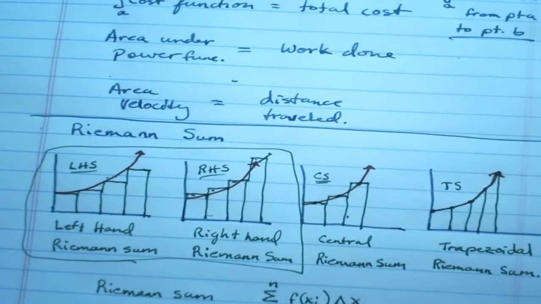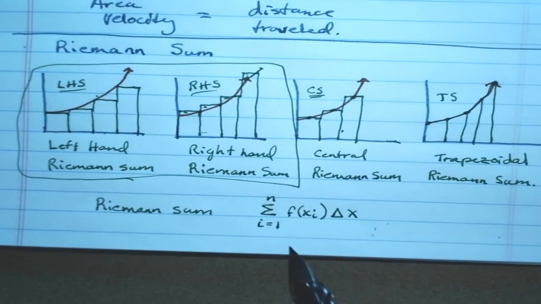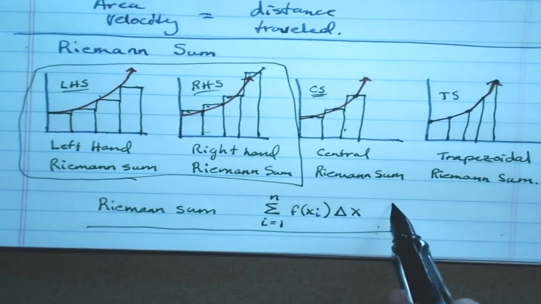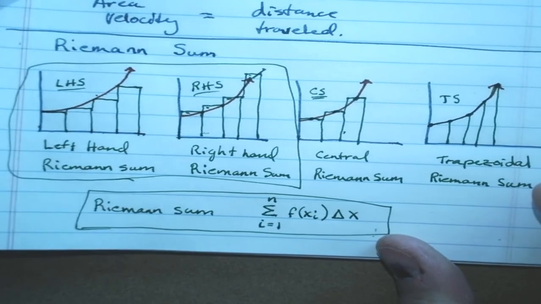Okay? And I'm going to flip to the next page and explain this notation to you. But that is the mathematical notation for a Riemann sum. So let's unpack all of this and see if we can understand what it means. Okay? So we'll flip over the page here.